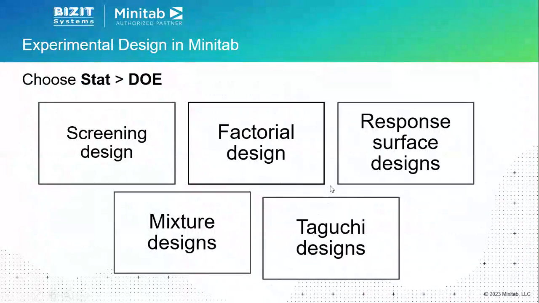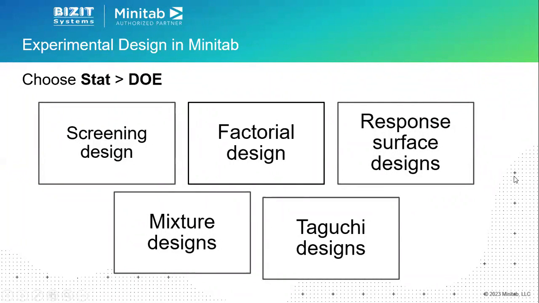Of course, after you identify your factors and your levels, we need to identify the experimental design. So that one is the example of available designs in Minitab. We will see the screening design. Normally we use the screening design to see the most important factors in our process.